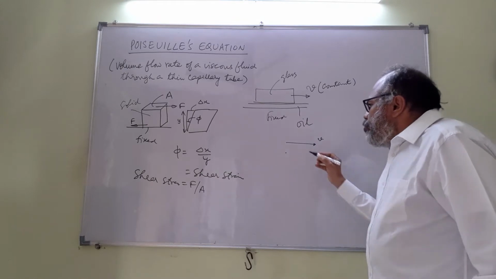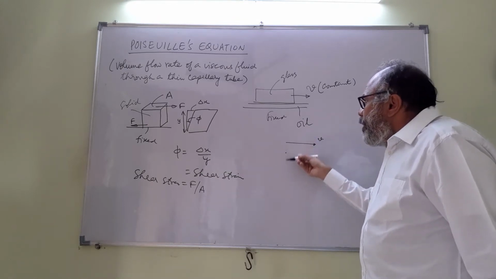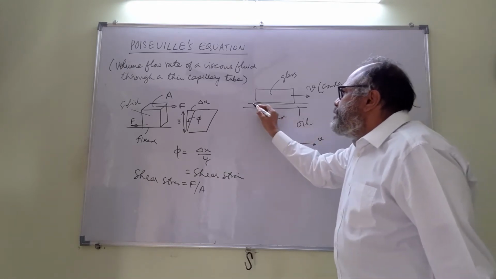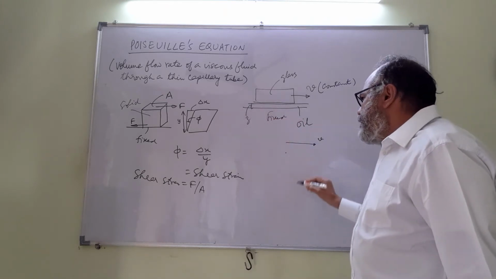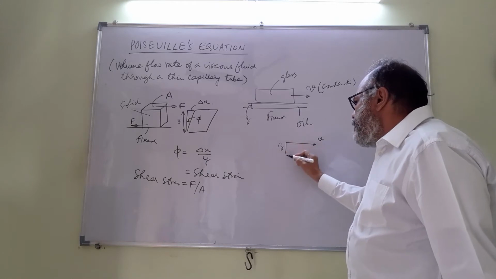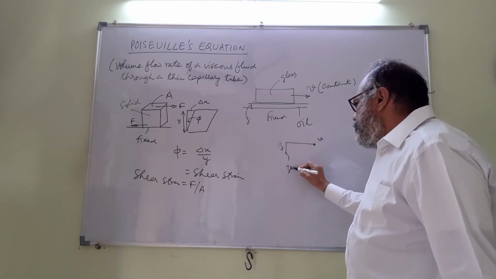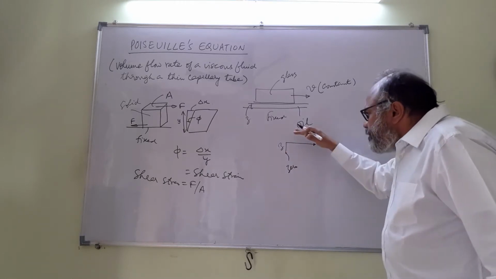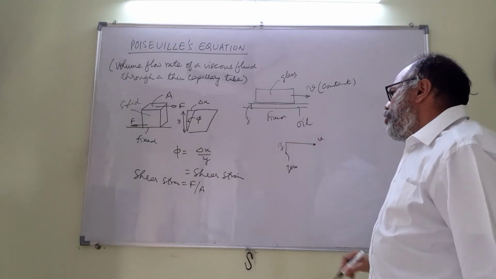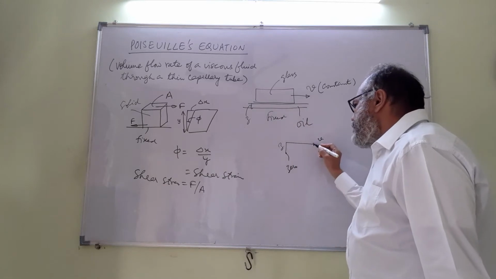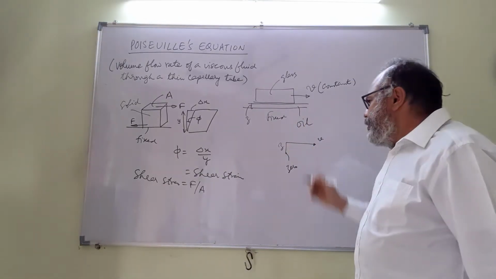So you find that there is a velocity gradient. Let us say the thickness of the oil is z. Here the velocity is v, and it gradually decreases and becomes 0 at the bottom. We say there is a velocity gradient.